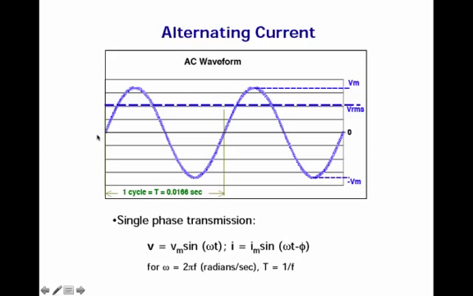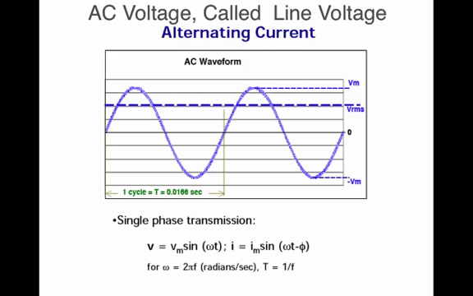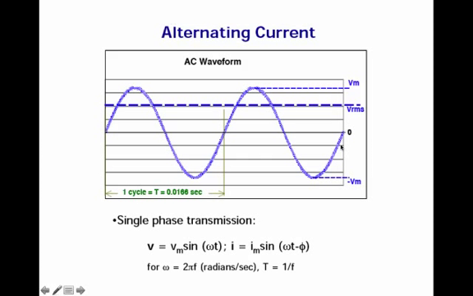And so if you were to look at the voltage on a battery, you would see a constant voltage. But if you look at the voltage from an AC generator, which is the same voltage we have in the sockets of our house, it goes positive, negative, back and forth.